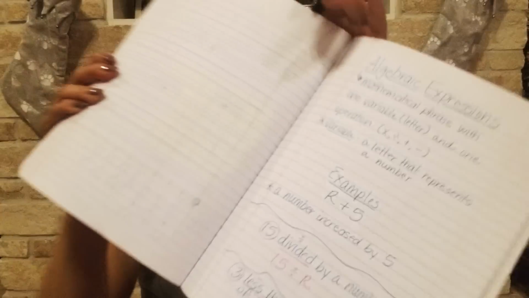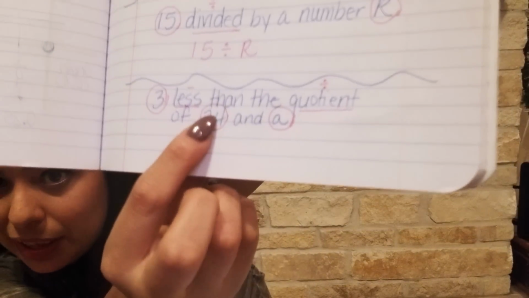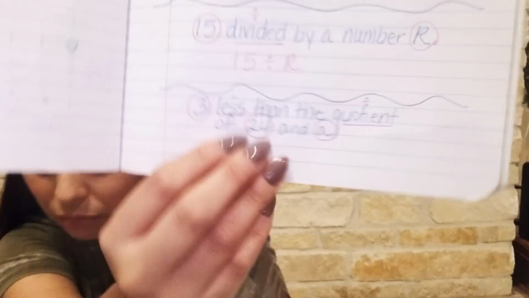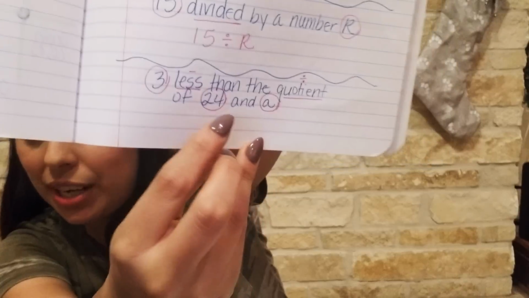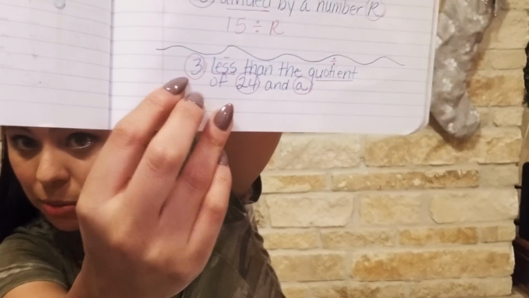Now in the front here, we have 3 less than. It's 3 less than the quotient of this, meaning that the 3 less than is actually going to go last. It's not going to go first. It has to go after the 24 and A because then we're subtracting the 3. It's telling me that my answer is 24 divided by A, and then I'm taking away the 3. So what I really have here is parentheses.